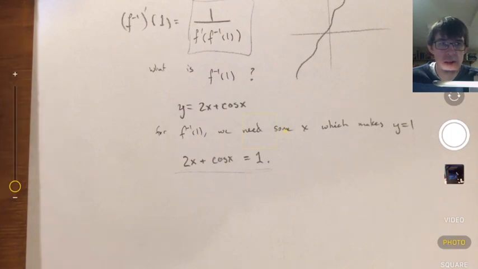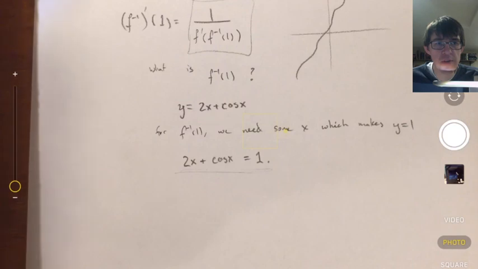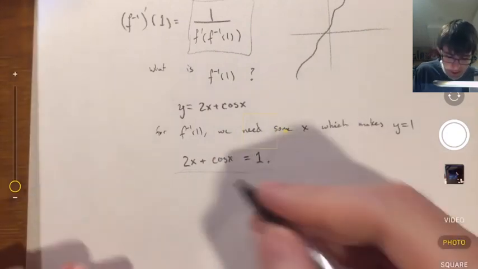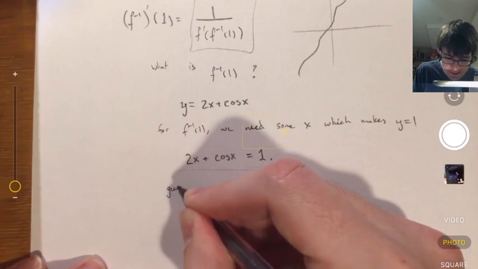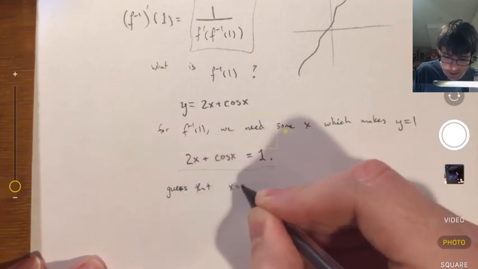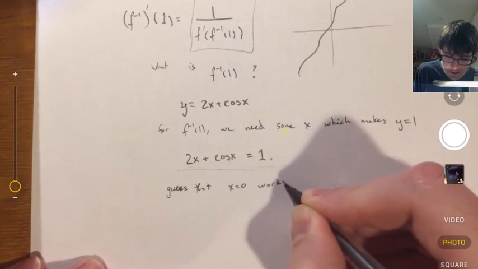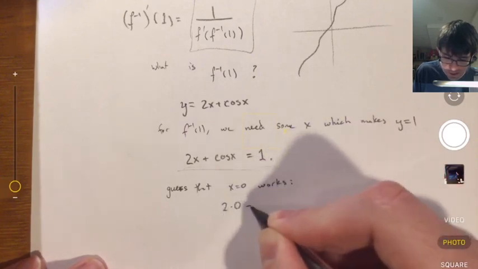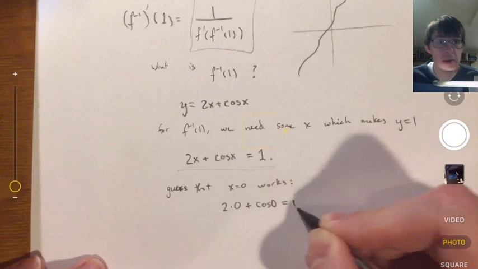The cosine is the weird part. You might try your favorite numbers to plug into cosine. 0. Yeah, 0 is my favorite number to plug into cosine. Cosine of 0 equals 1. So we can guess that x equals 0 works, because it really does. 2 times 0 plus cosine of 0 equals 1.